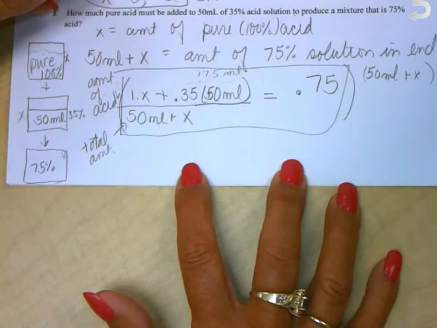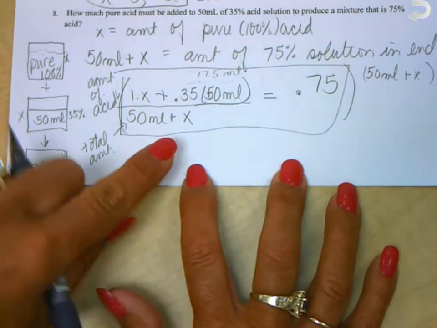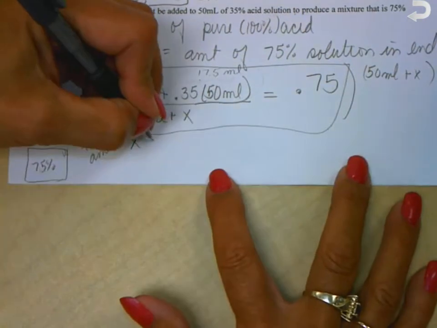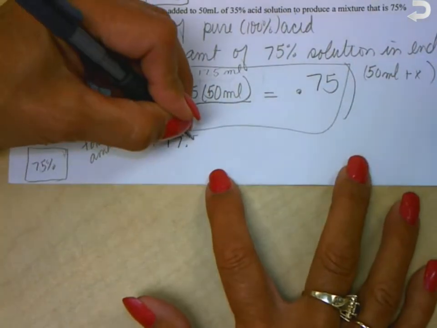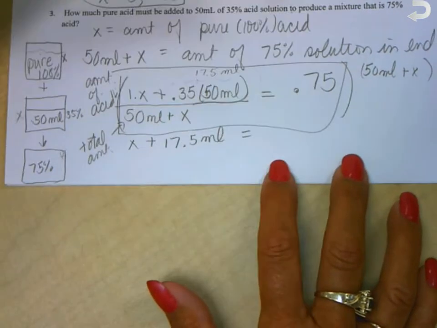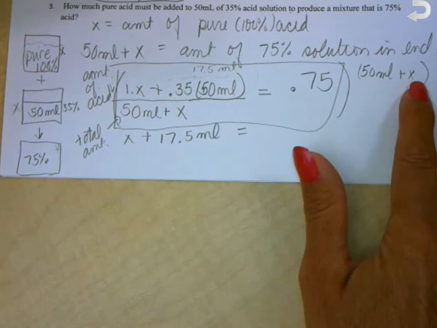Now I can solve that equation by multiplying both sides of the equation by 50 milliliters plus X. When I do that and distribute on this side, I end up with X plus 17.5 milliliters.